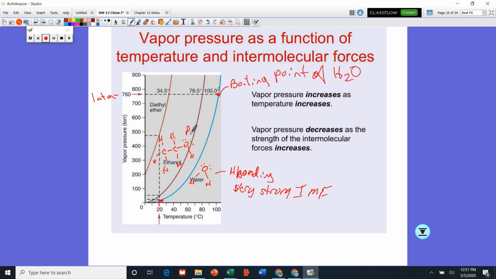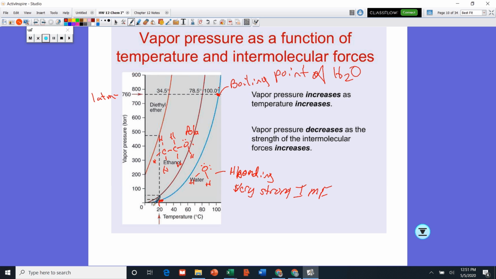Notice that it is a polar molecule, but it doesn't necessarily undergo hydrogen bonding as much as water, because here you only have the oxygens and hydrogens, but in this one you also have carbon, so you're not always going to form a hydrogen bond on these. So this one's a polar molecule.